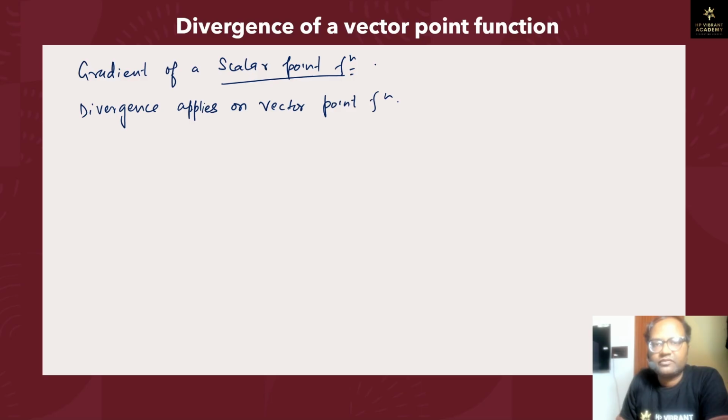The gradient of a scalar point function gives a vector point function, and the divergence applies on a vector point function and the result is a scalar point function.